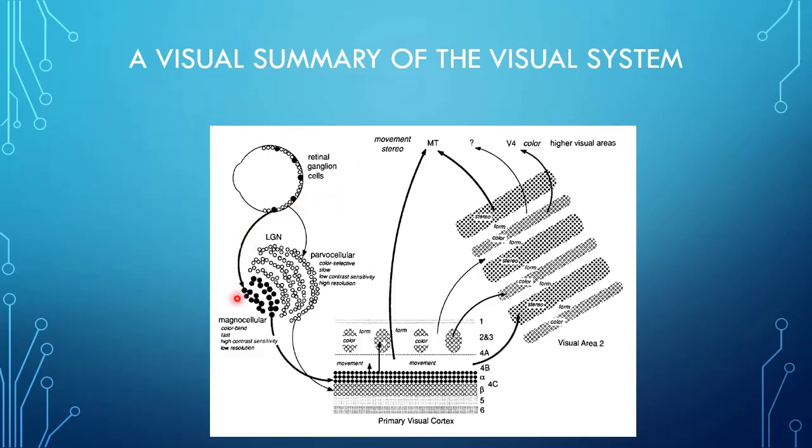And this goes to the lateral geniculate nucleus, mainly the magnocellular and parvocellular layers, but don't forget coniocellular, not shown here, that have specific jobs like being color sensitive or color blind, for example, and that this information all comes into layer 4C of the primary visual cortex, and it remains segregated as it's being processed and is passed on to other layers where either movement or things like color and form are specifically processed.